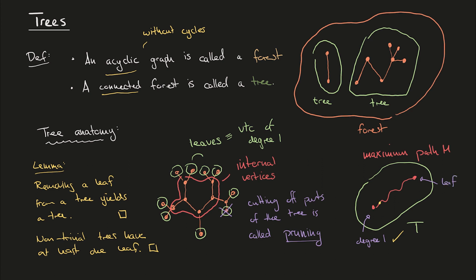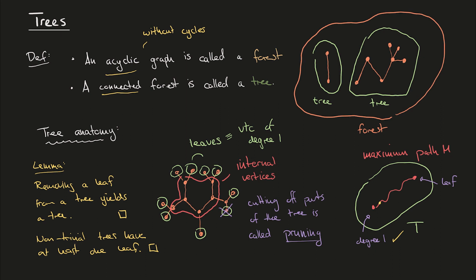That means that if the two ends of this path are distinct, then our graph T in fact has 2 leaves, namely the 2 endpoints of the path M. We can now ask when it's the case that these 2 endpoints would be distinct, and we see that this would be the case if our tree T has at least one edge. In that case, we have a path of length 1 at least, so the maximum path has to have length at least 1, and so the endpoints would become distinct at that point.